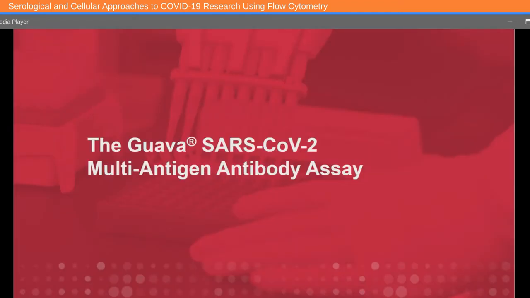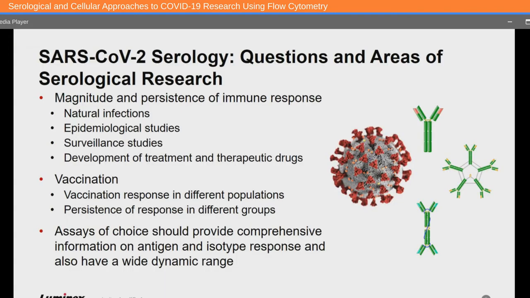I would like to now move on to discuss a new assay we have developed for flow cytometry, the Guava SARS-CoV-2 multi-antigen antibody assay and its applications to COVID-19 related questions. Serological assays have played a crucial role in COVID-19 research.